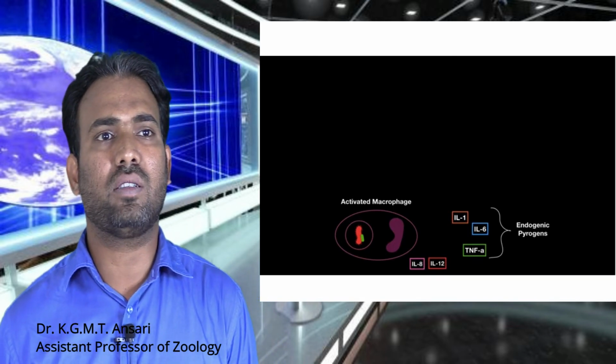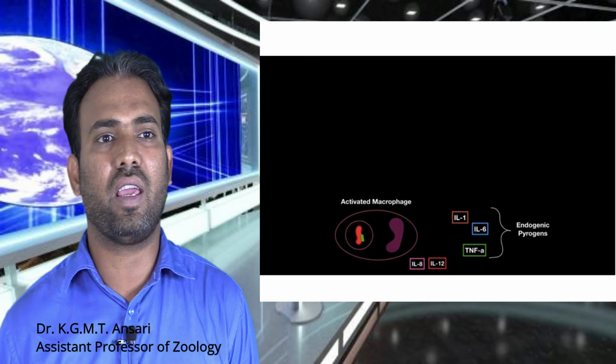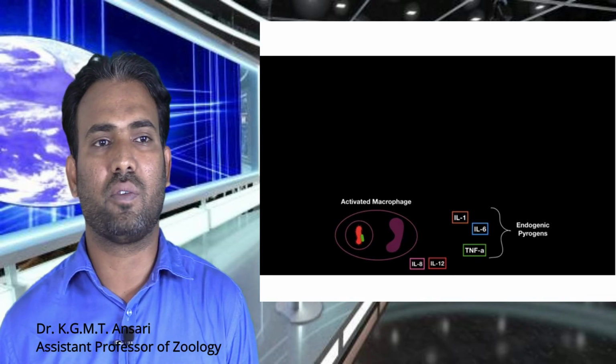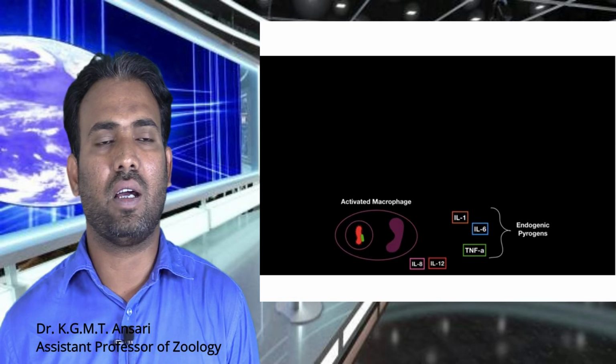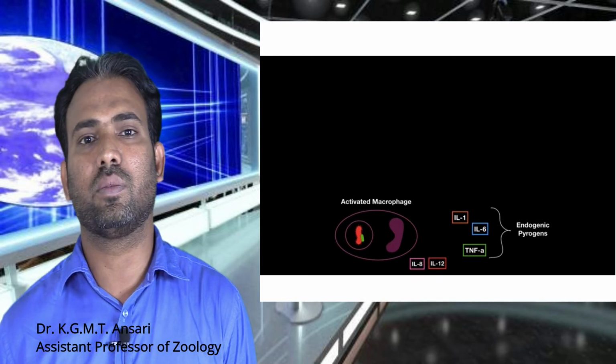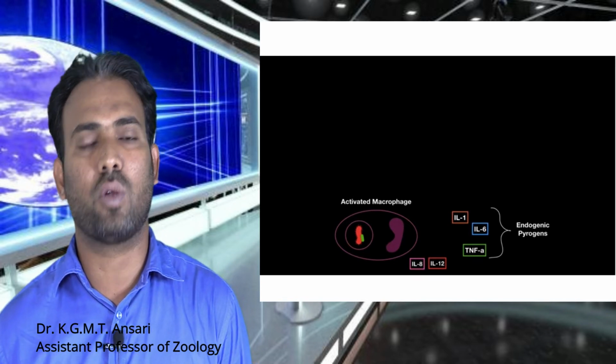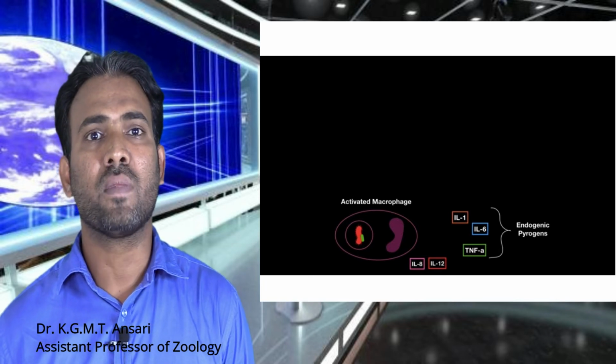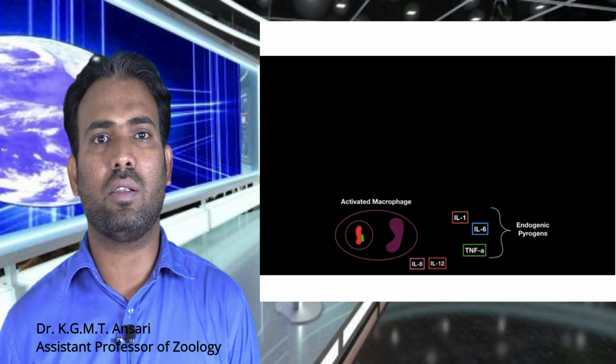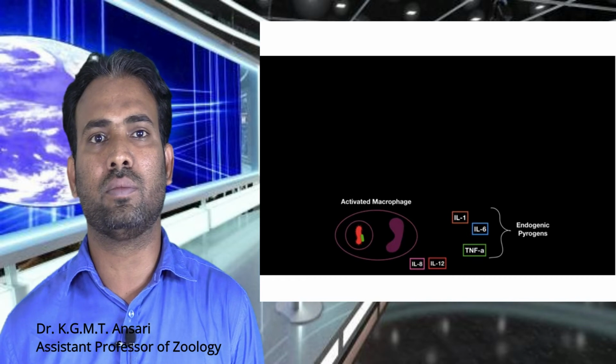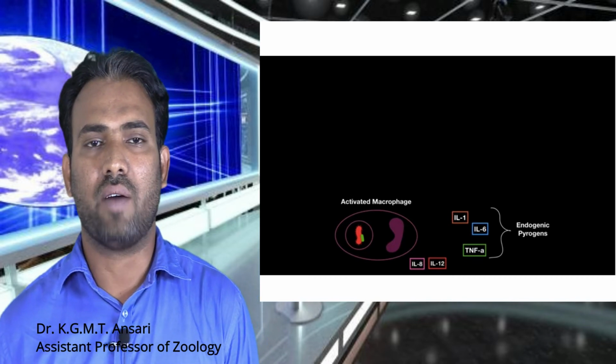Interleukins 1, 6 and TNF-alpha are mainly produced from the hypothalamus of our brain, and it sends the message towards the macrophage. Then the responses towards the microorganism will start. IL-6 will also be produced from the message from our liver.